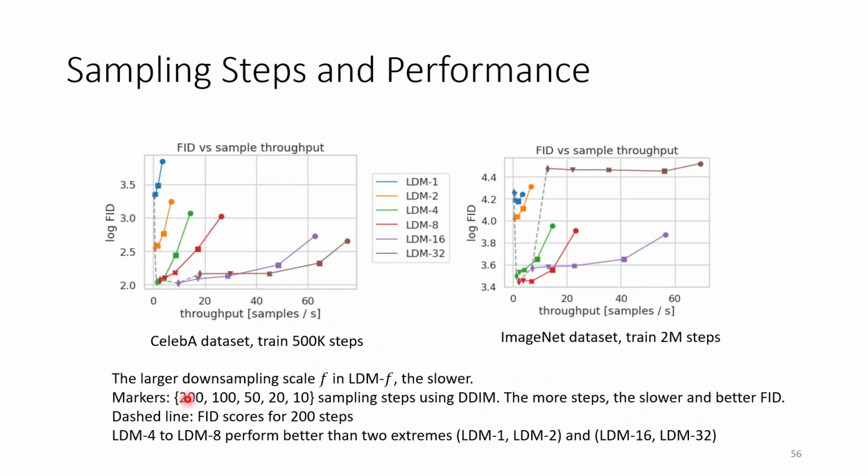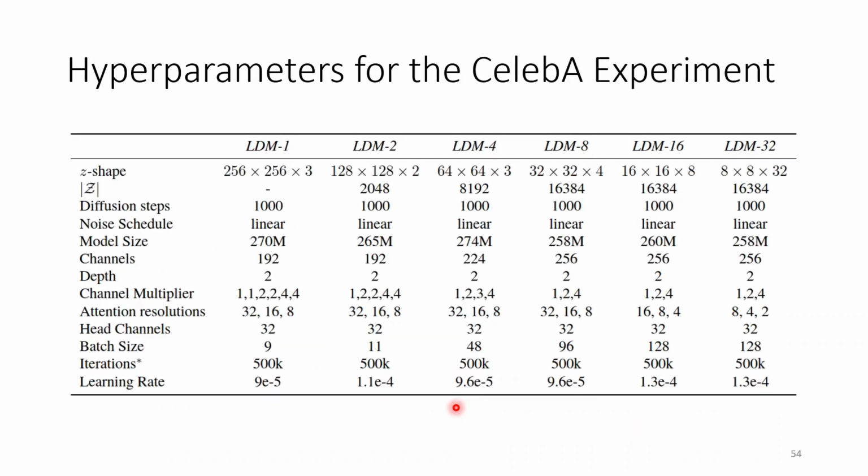There is another parameter, the number of steps used in DDIM, because there is a diffusion model contained in the latent diffusion. They need a noise predictor, or you can say a score estimator.